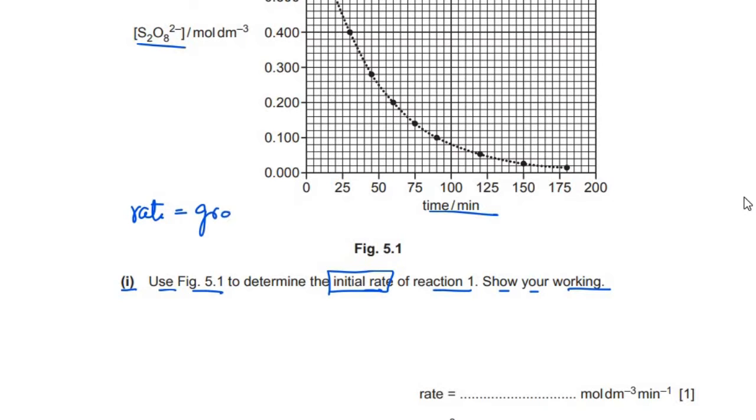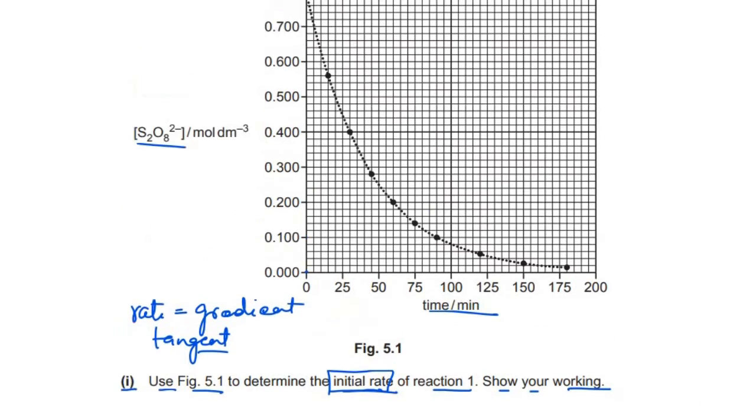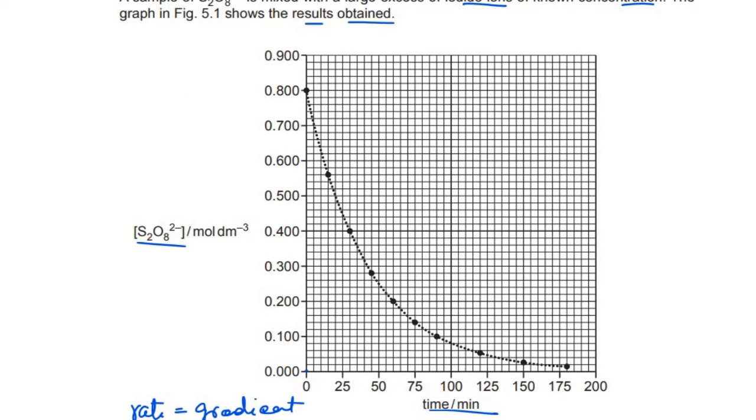That's from the gradient, and to find the gradient we need to draw a tangent. Since they're talking about initial rate, we need to draw a tangent at time equal to 0, that is at the first point, at the concentration 0.8. So let's draw it.